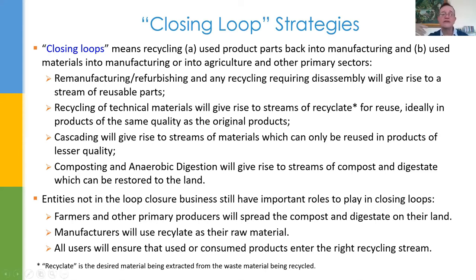Cascading is a way of reusing materials that make up a product in products that are of lesser quality. It can be a strategy that makes sense in certain situations.